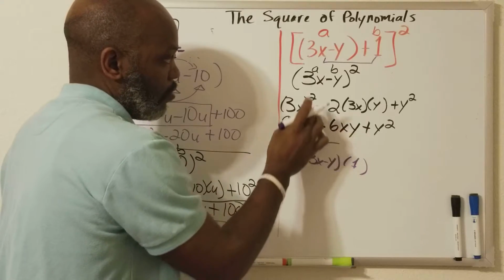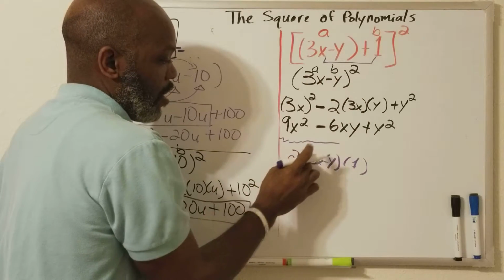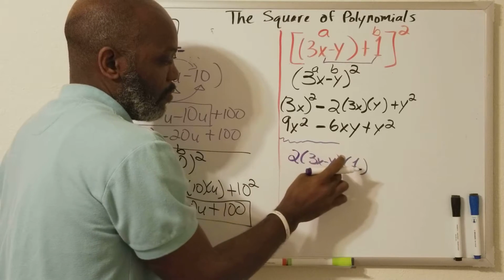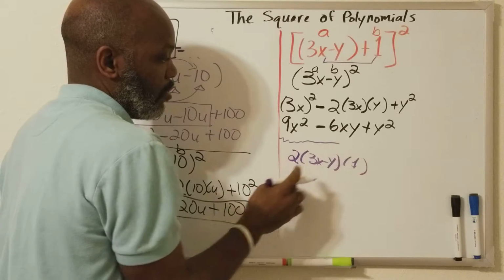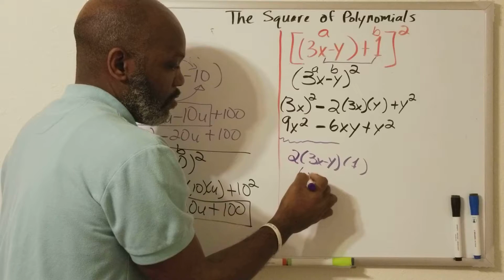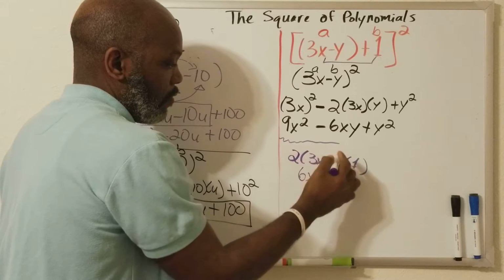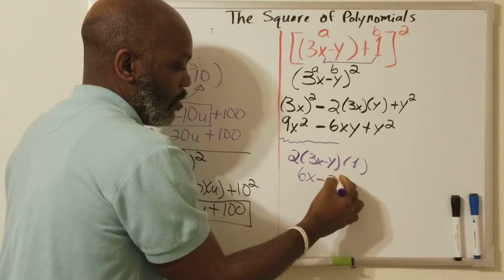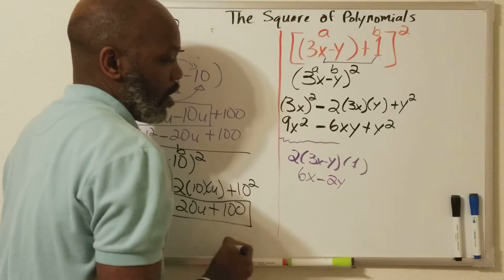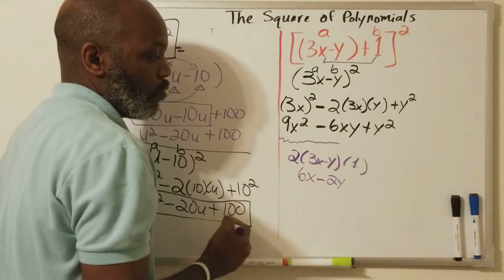Or should I say, we're doing 3x times 2, right? And then we're going to do times 1. So we have 6x times negative 2y, negative 2y. Okay, and then of course that's times 1.